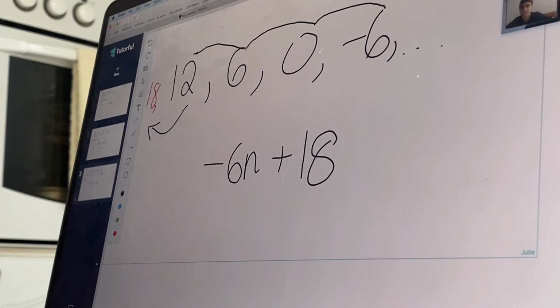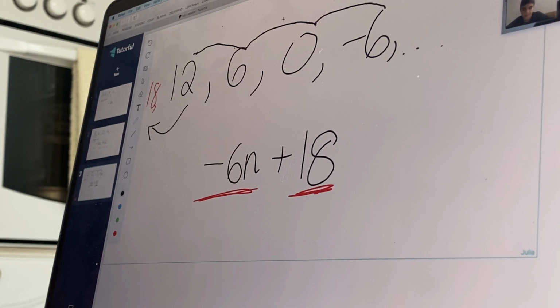So 18 is where we start. Think about this algebraically. On the first part, we have an n. On the second part, we don't. Because we don't have the same letter, we can't add them together. So that's why the nth term has to stay like that. We can't simplify it any further.